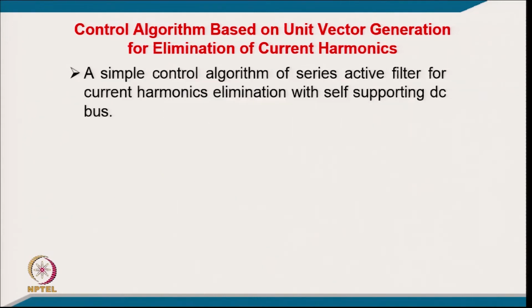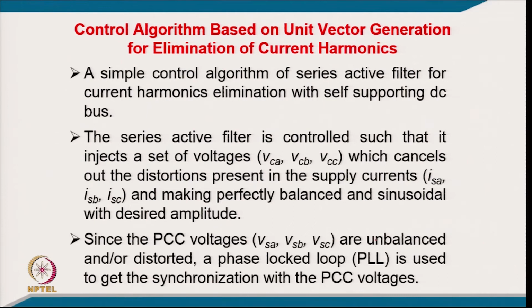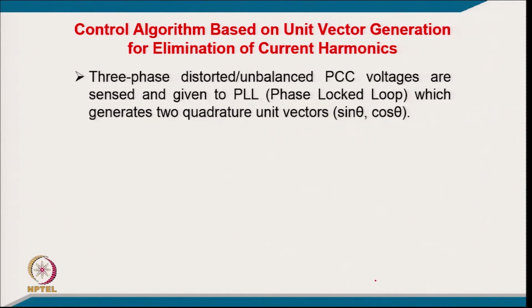So, a simple control algorithm of the series active filter for current harmonics elimination with a self supporting DC bus. The series active filter is controlled such that it injects a set of voltages which cancel out the distortion present in the supply currents ISA, ISB, ISC, making them perfectly balanced and sinusoidal with the desired amplitude. Since the PCC voltages are unbalanced and or distorted, a phase lock loop is used to synchronize with the PCC voltage.